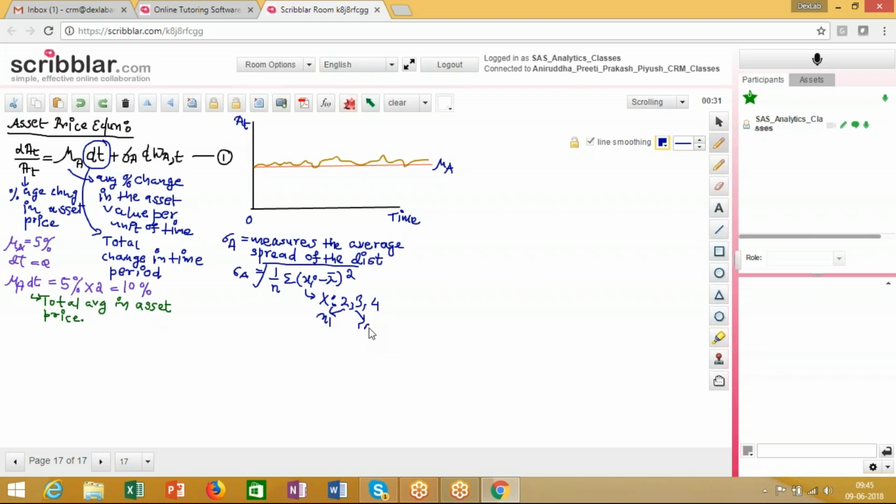This is x2, which is the second value which the variable x takes, and this is x3, the third value. These are the different values. So what I'm saying is that the standard deviation is the measure of the overall variation from the mean, right? So it gives us an overall idea about the dispersion from the mean.